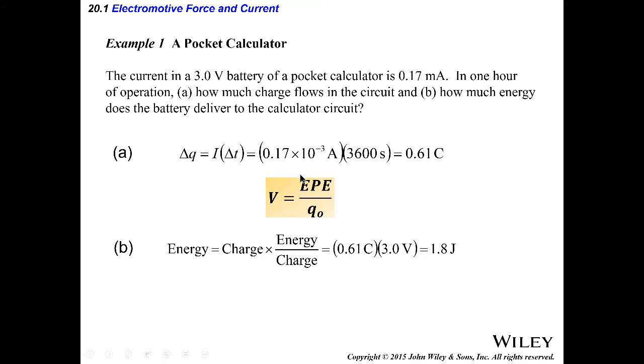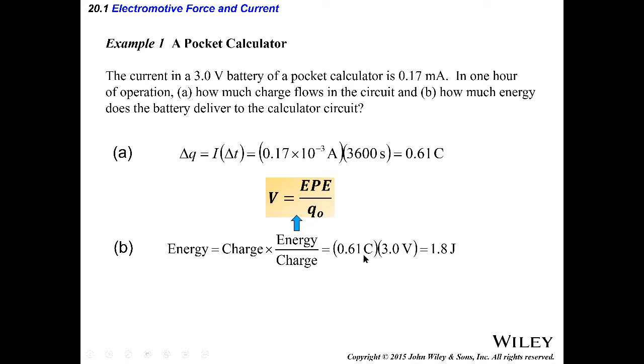Electric potential is electric potential energy, the total energy, divided by Q0. But now they want to know what's the total energy that these charges have when they went. The battery supplied this much energy to this calculator. Well, from this I can now do the calculation.